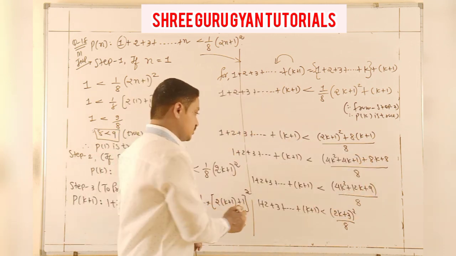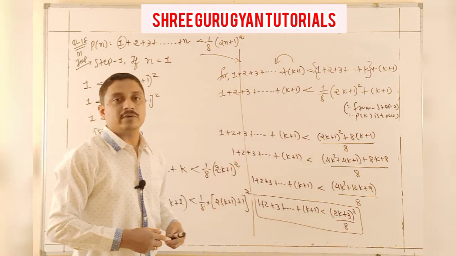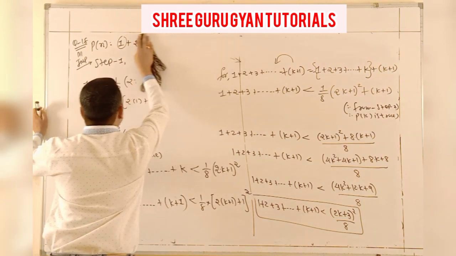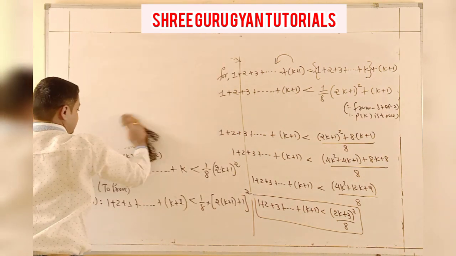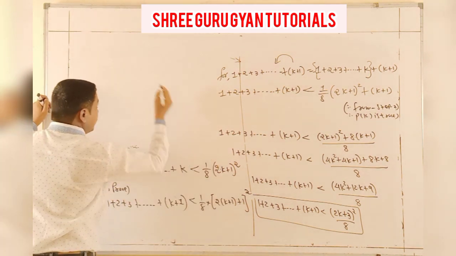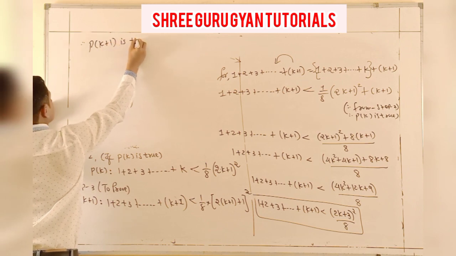Yes students, here I just showed my steps. Now I am ending with my last 3 lines. So what are the last 3 lines? After the proof, we can say therefore P of k plus 1 is true.